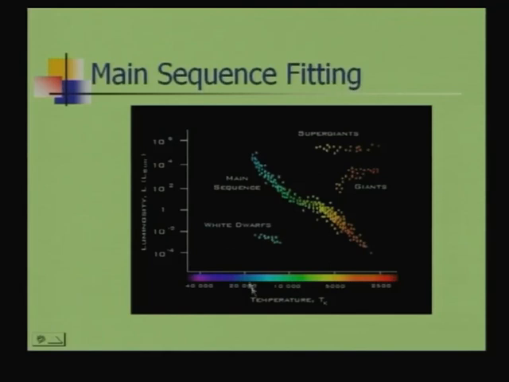Let me first tell you what the axes are. The x-axis is the color of the star. The color of the star can be determined by considering the ratio of light in two different bands.